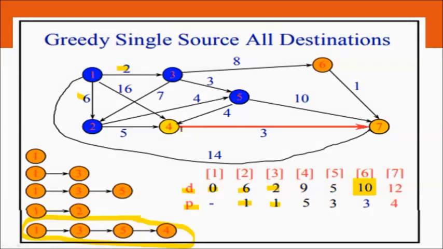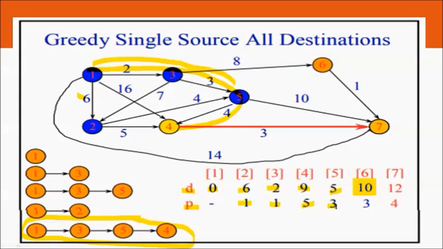We're going to consider this direction, vertex 1, 3, 5, and 4, so we will have a distance of 9, and our previous vertex is 5. That is our predecessor. Next, from vertex 1 to vertex 5, we have 2 plus 3, a distance of 5. And the previous vertex is what?